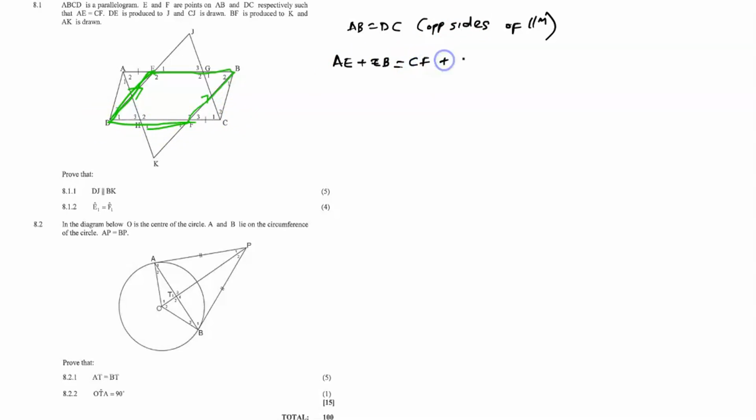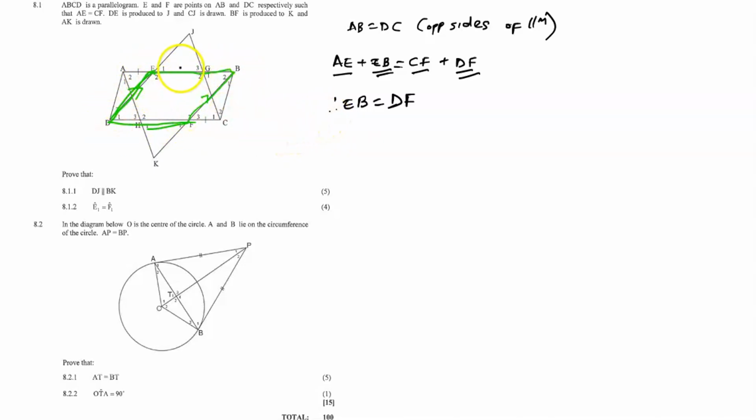Now since AE and CF are equal, that will tell us that these two are also equal, since when we add two equal things they give us the same value. So we can now say therefore EB is equal to DF. So one pair of opposite sides is now equal.